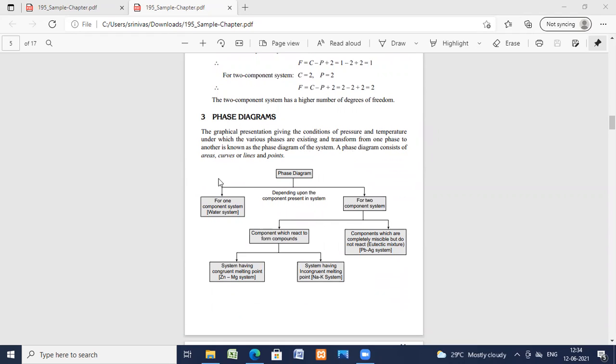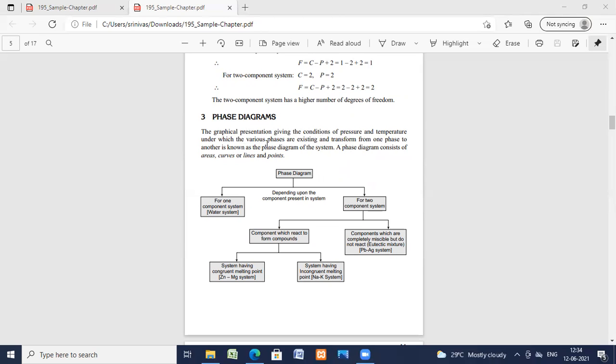A phase diagram consists of areas, curves, lines, and points. The graphical representation gives the conditions of pressure and temperature under which the phases exist, and what transformation is going on from one phase to another.